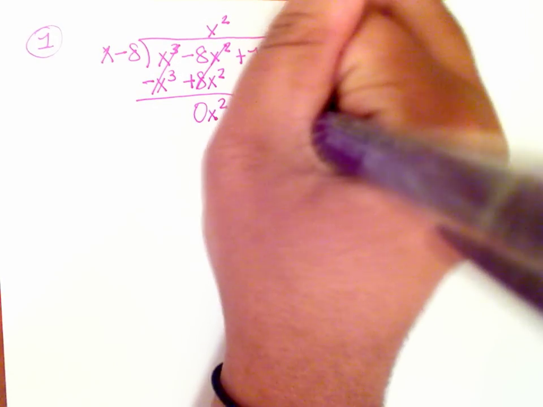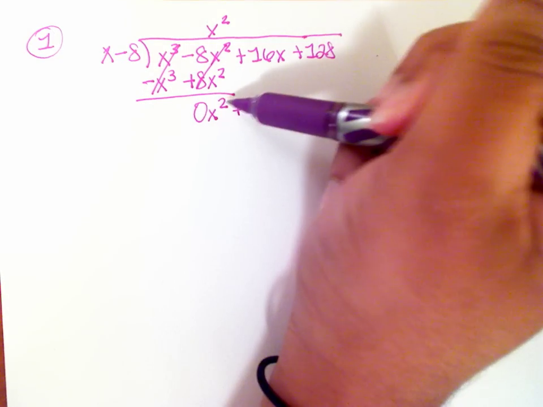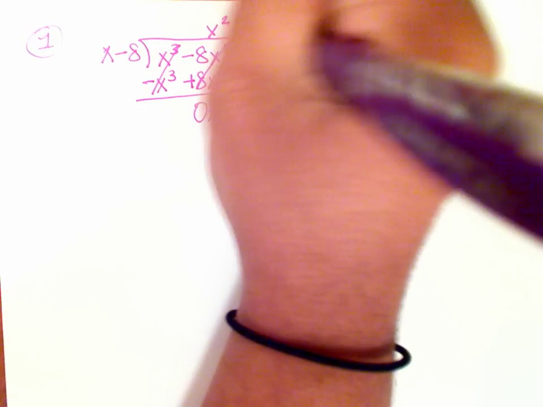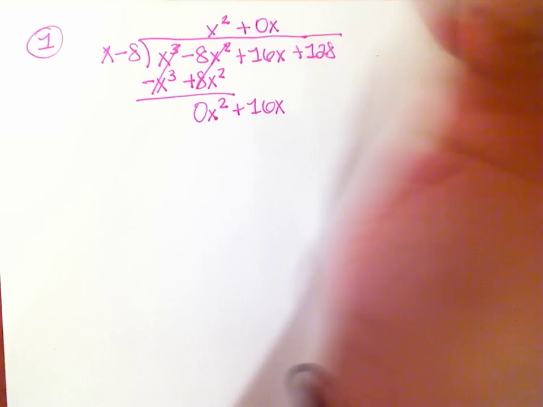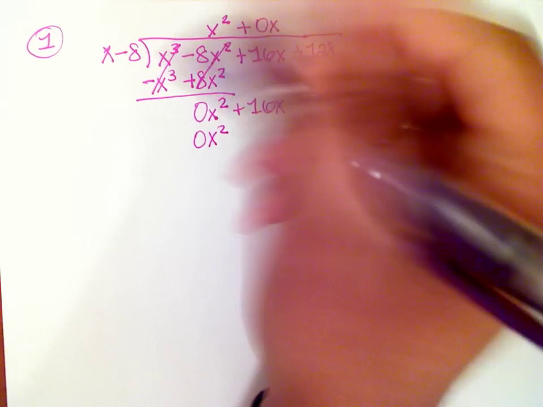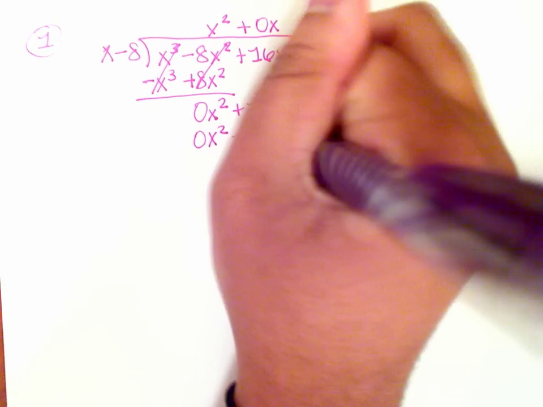Then we start the process over. So 0x squared divided by x gives us 0x. 0x times x is 0x squared. 0x times negative 8 is 0x.